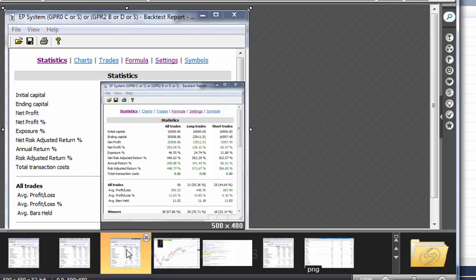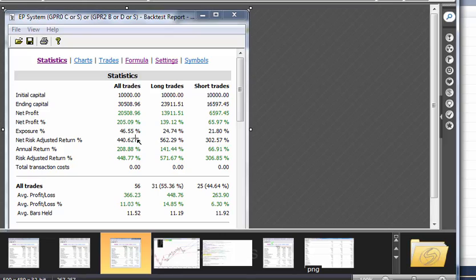Well, which gives me about a 46% exposure. So this is a system I'll look at combining with one of the other systems. And this one here, of course, there's some kind of leverage going on. Let me take a look. It won't tell me. Can't open this up. Okay.